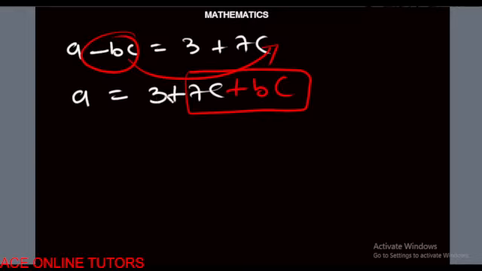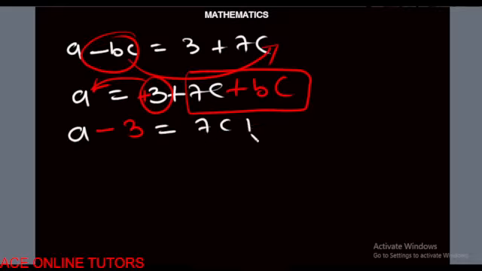Are they joined with a multiplication sign? No, they are joined with an addition sign. So I can easily take it to the other side. Since it has a positive sign, it will become negative. So I'm going to have a minus 3 equal to 7c plus bc.